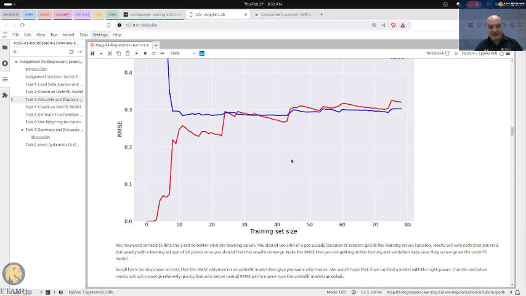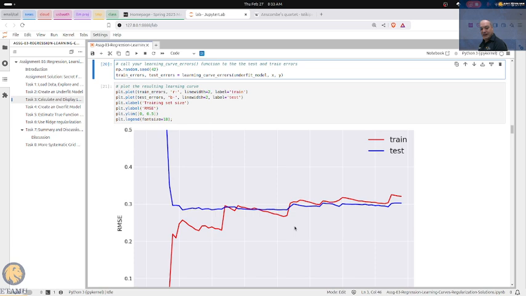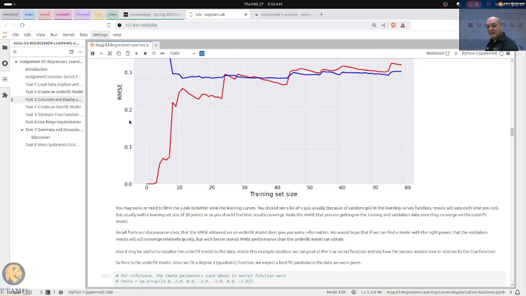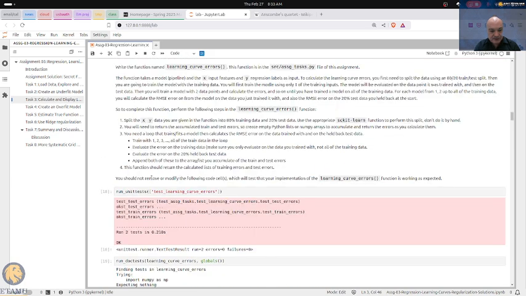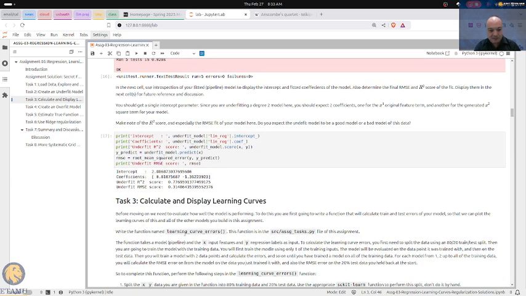Another thing I said to quite a few people: when you plot these learning curves, you can get some of this information directly from displaying it. I know that the final root mean squared error was 0.31 for my underfit model.